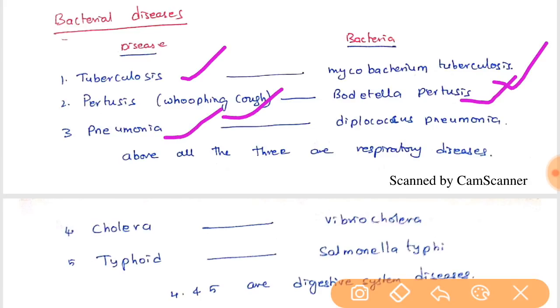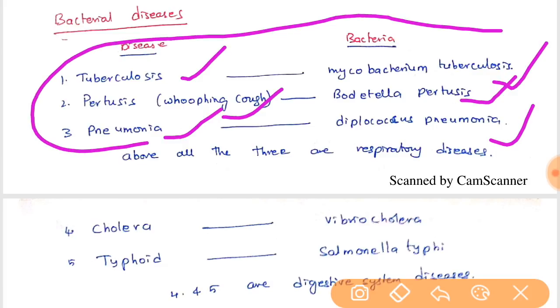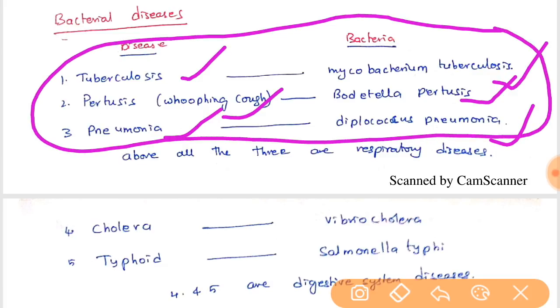Pneumonia is caused by Diplococcus pneumoniae. All three above are respiratory diseases. All these respiratory diseases you have to remember, friends. Tuberculosis, Mycobacterium tuberculosis. Pertussis, Bordetella pertussis. Pneumonia, Diplococcus pneumoniae. Cholera is caused by Vibrio cholerae.